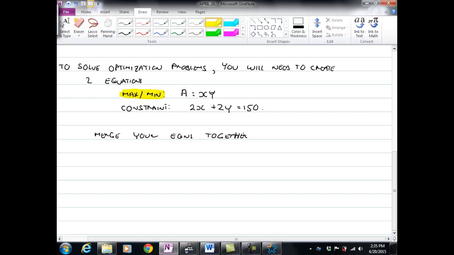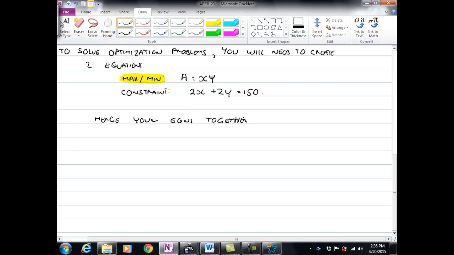You don't touch that one; it's the one you work with in the end. So solve for either x or y, it doesn't matter which, and sub into your max-min equation. I'm going to personally solve for x. It makes no difference. So 2x equals 150 minus 2y.